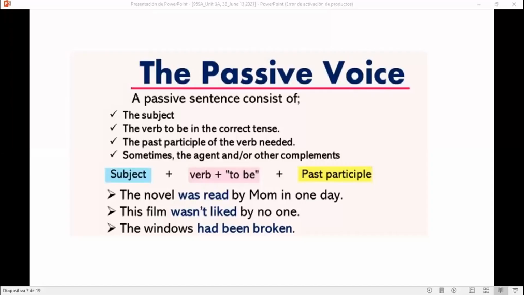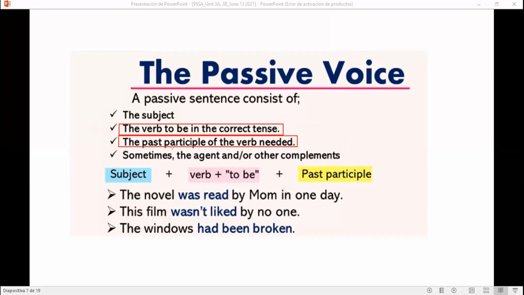Entonces, miren, aquí está lo que les explicaba. La voz pasiva se compone o se forma, ¿sí? Por el verbo to be en el tiempo correcto, dependiendo de la voz activa, y el pasado participio del verbo. And sometimes we add the agent or other complements, ¿sí?